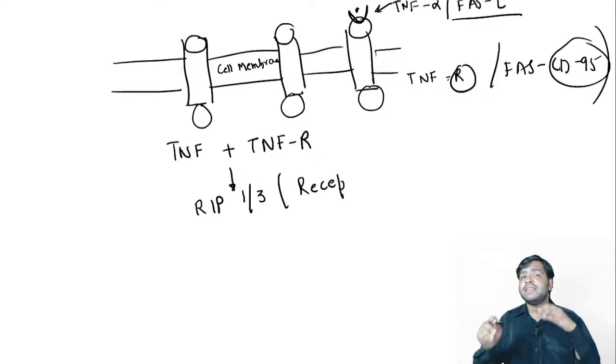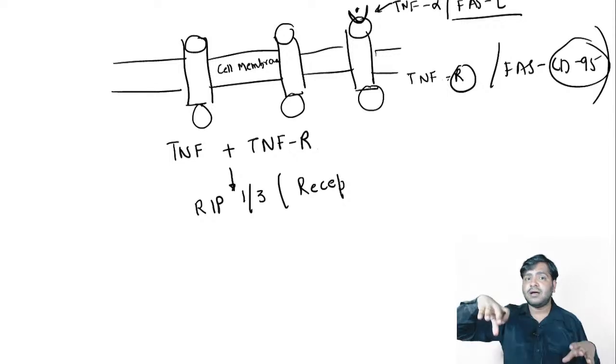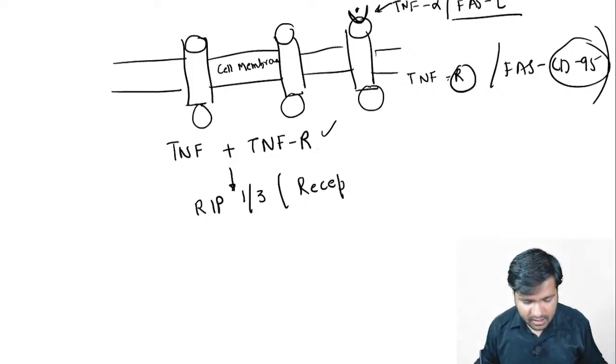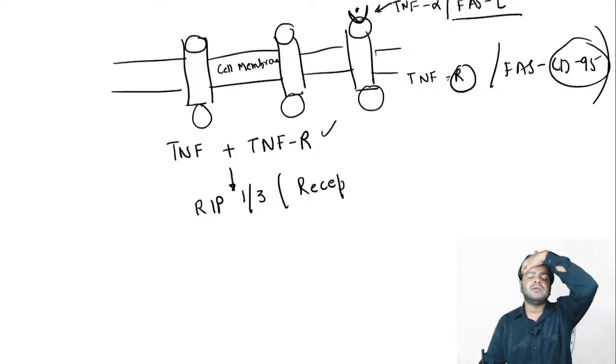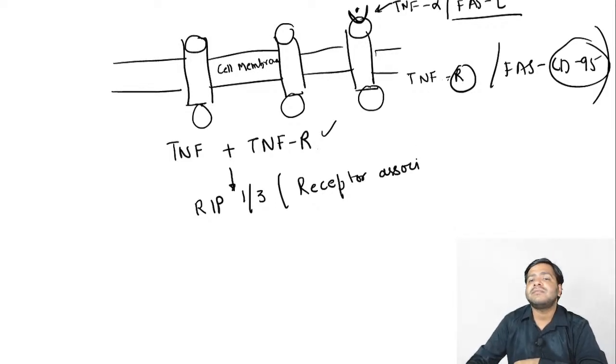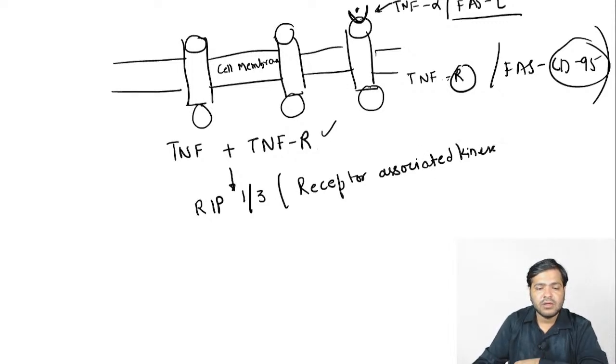Now we don't have any Fas involved over here. Don't confuse it with the extrinsic pathway. It is simply the TNF has come and combined with the TNF receptor. And what is happening, guys, over here? There is activation of receptor-like or associated kinase. RIP stands for receptor associated kinase, and that is 1 and 3.